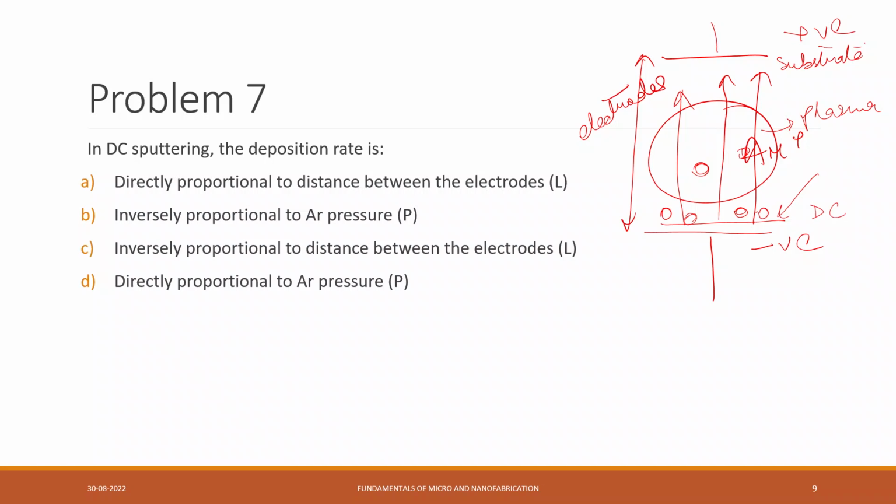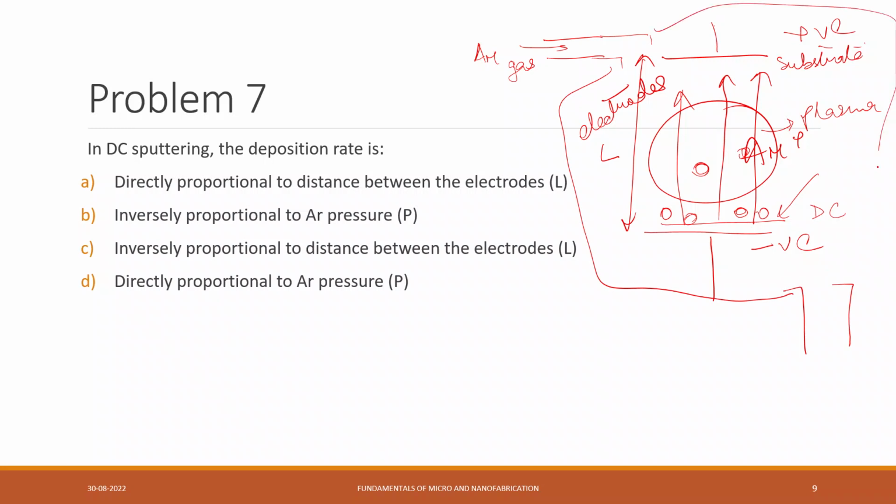So anybody? The distance between the electrodes we are giving as L. This is a vacuum chamber, and we have an argon gas inlet, and an outlet somewhere.